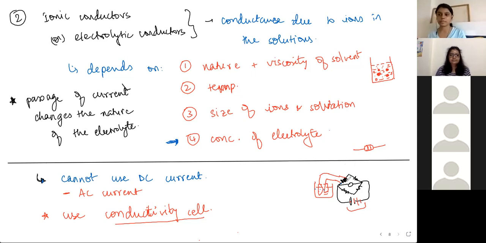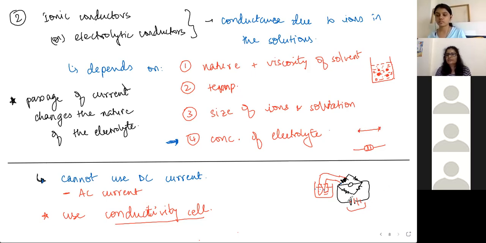Sorry, that was a mouthful. Like a Wheatstone bridge setup, you just make some changes to it. See, the Wheatstone bridge is straightforward, right? For resistance, because it's wires, you can define the length of wire you're using and the area of cross section. But for electrolytic cells, it's not as direct as that.